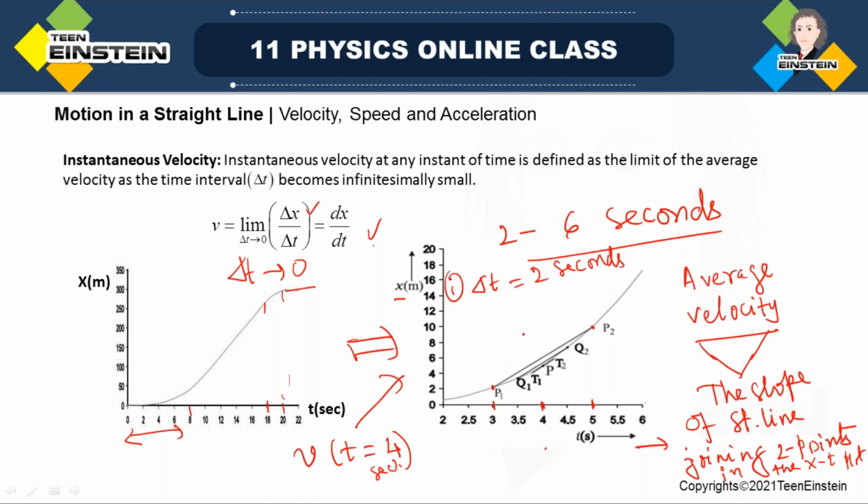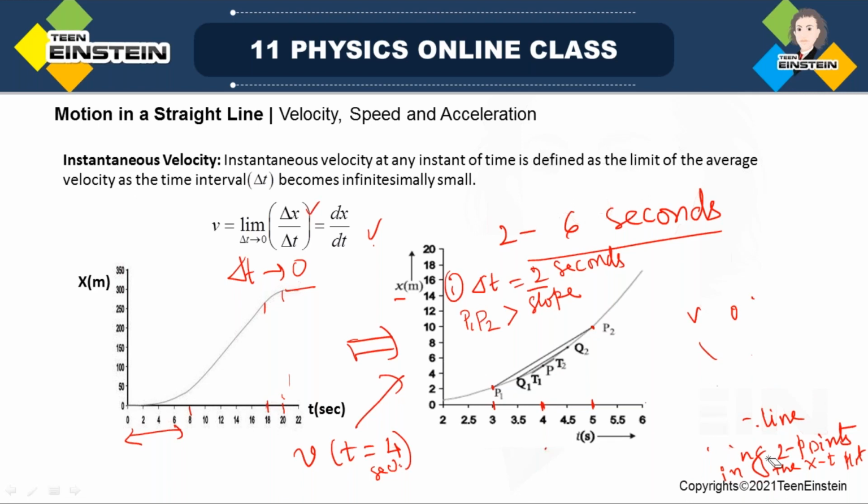Now, according to the representation of average velocity in the position time curve, the slope of the P1 P2 line will give you the average velocity in this delta t equal to 2 seconds interval. I hope you agree with me.